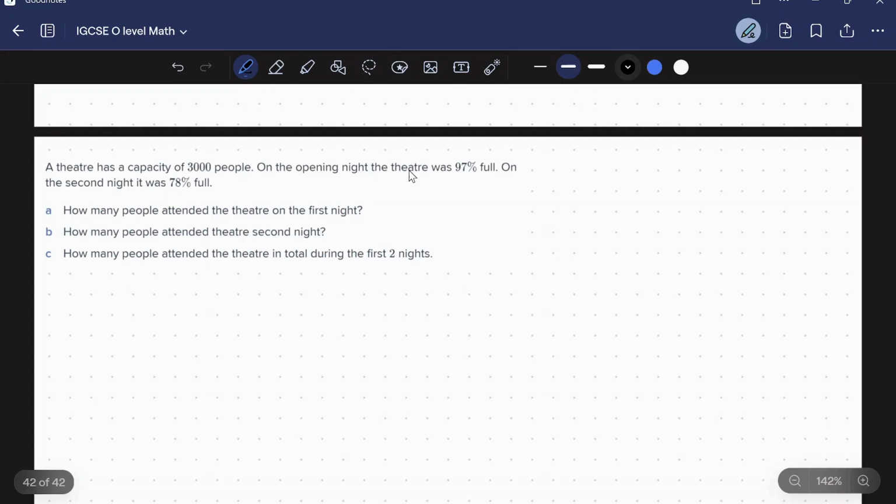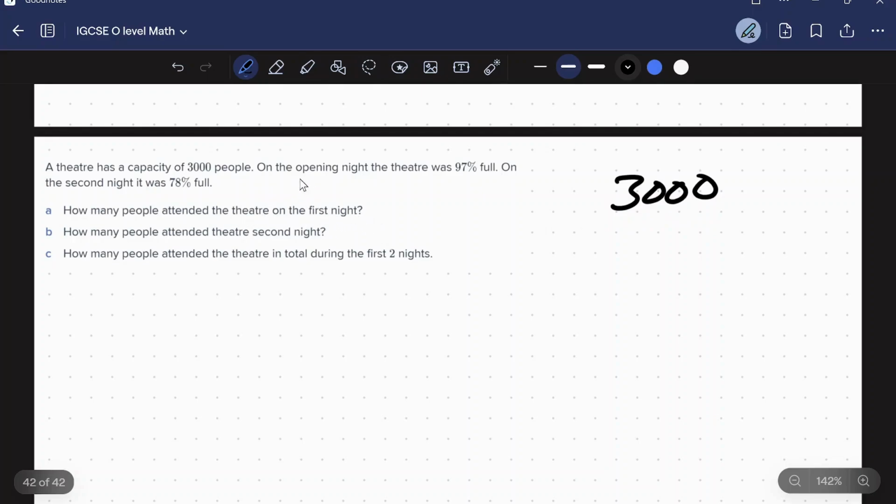On the opening night, the theater was 97% full. On the second night, it was 87% full. We got the percentages, and we got the total capacity, which is 3,000, the total number of people we can fit in the theater. So how many people attended the theater on the first night?